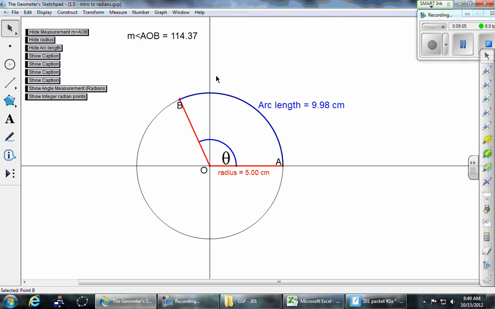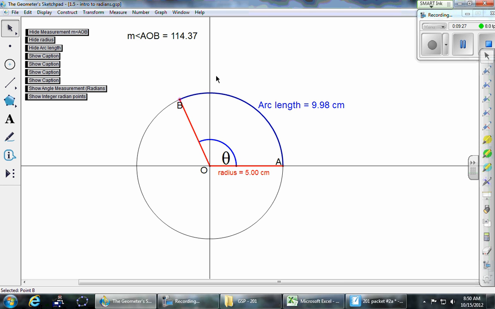I'll write it here on the board real quick, but we start to think about this idea that if you take the measure of the arc and you divide it by the radius, you are telling me how many radians that angle is.